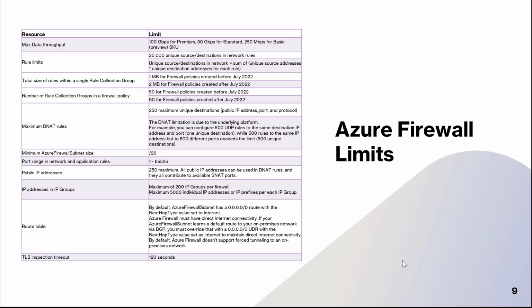You should not be messing with it unless you want to mess up your whole deployment. So we should not touch it. And the TLS inspection timeout is 120 seconds, right? So straightforward. I would probably try to keep this deck in the description so you have this information handy and you don't have to wait on the presentation to go through.